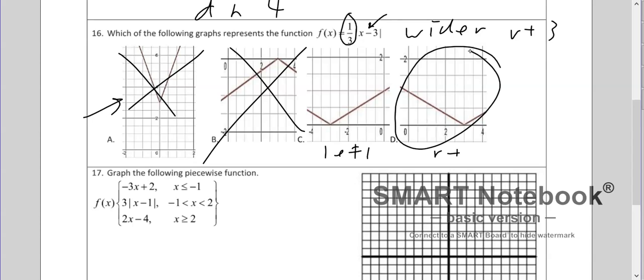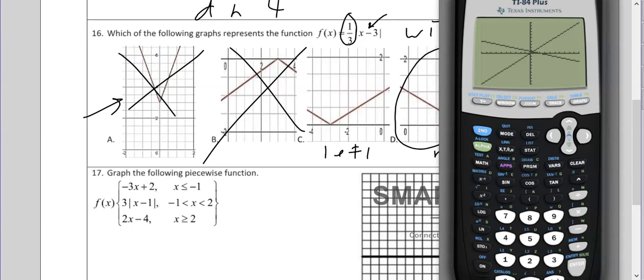Again though, if you just put in your calculator here, remember absolute value is under the math key, number, right there, and you just put X. Thought the X stuck around.